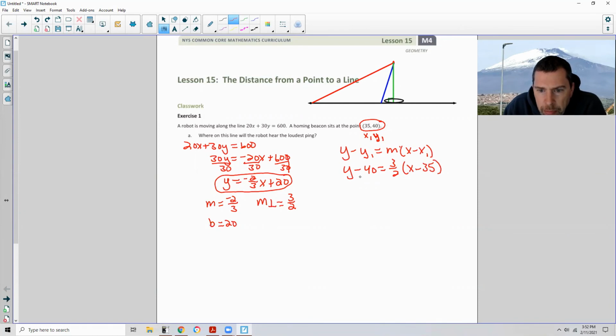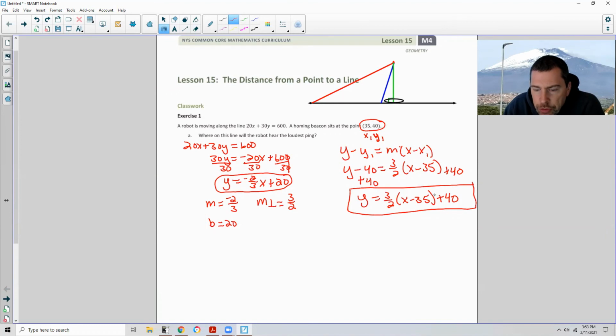Okay, just to make this simple, I'm going to add 40 to the other side, and I get y equals 3/2 times the quantity x minus 35, plus 40. So here is the equation of our line. I didn't distribute, but I don't want to because we'll get a decimal.